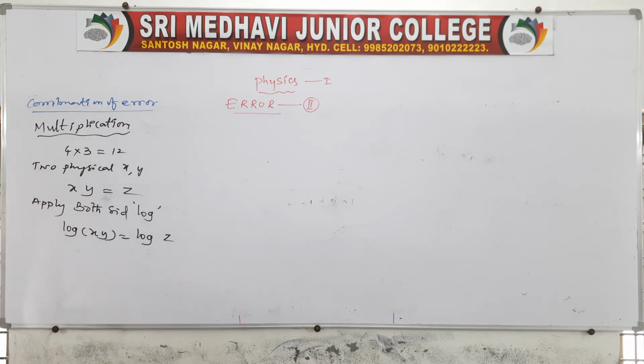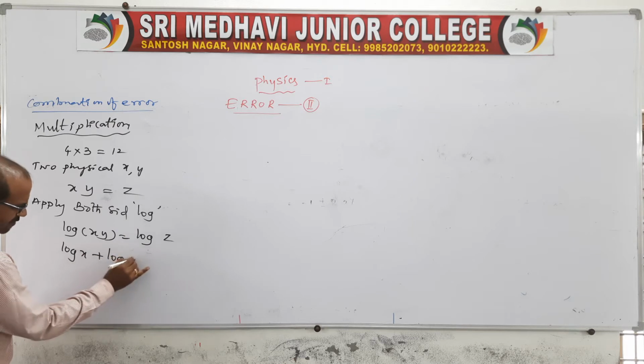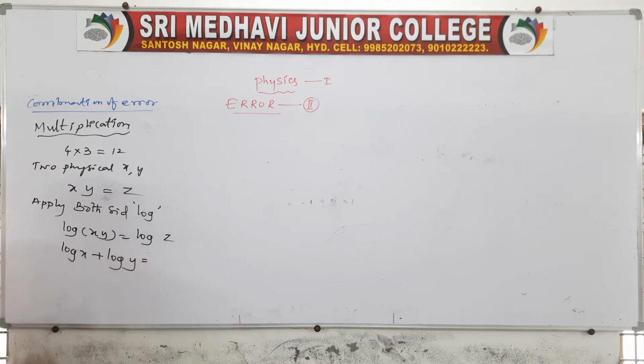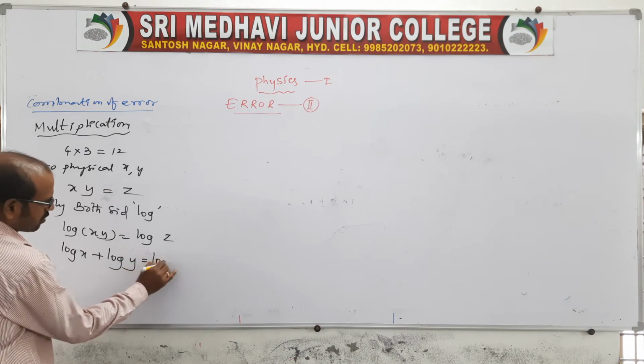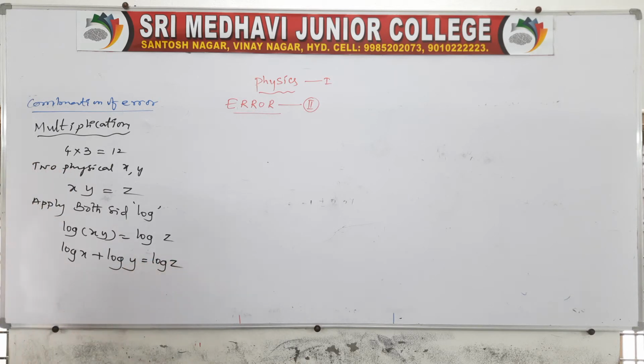The mathematical principle is that log AB can be written as log A plus log B. So here, log x plus log y is equal to log z.